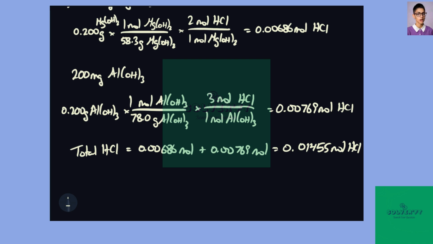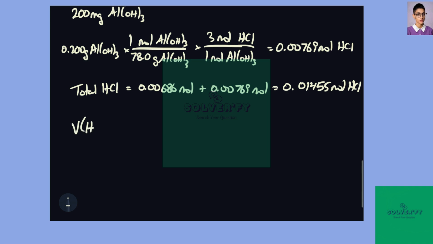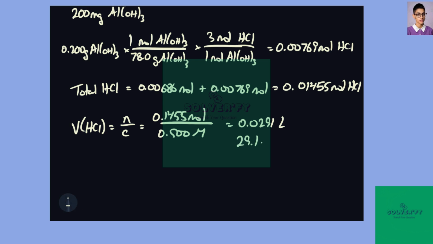And we can see here that the volume of HCl needed for the neutralization is moles over the molarity, 0.01455 moles divided by 0.500 molar. This works out to 0.0291 liters or 29.1 milliliters of HCl. So that is our answer to part D.